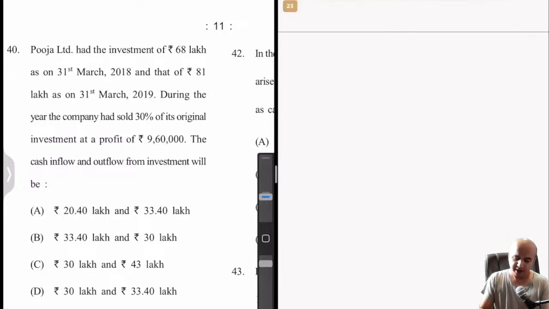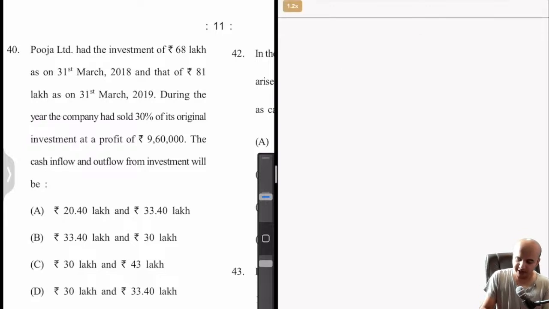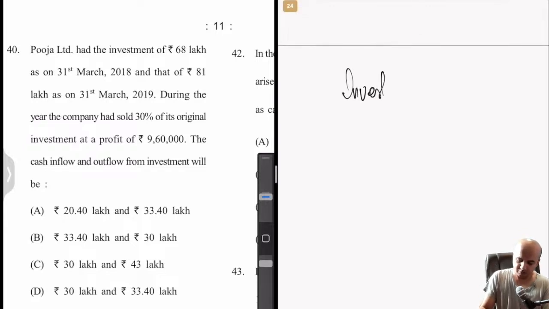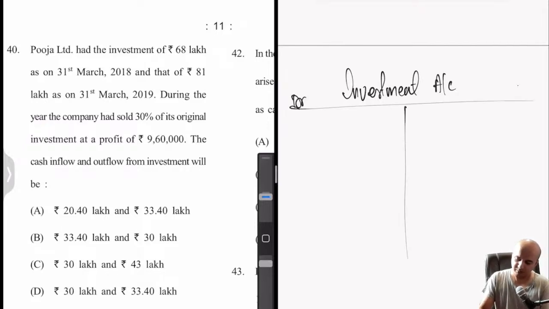Let's see. So now, if I have to write the investment account here, so now they say opening balance is how much? 68 lakhs. Investment is obviously an asset and the asset will always have debit balance. So to balance brought down 68 lakhs. Everything is in lakhs.